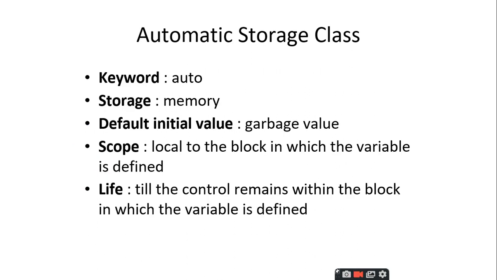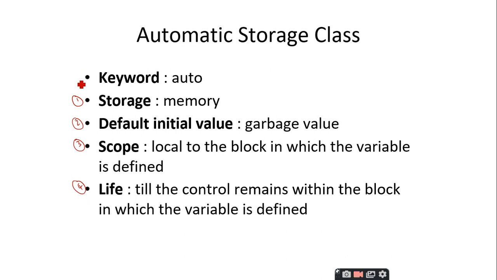Now let us see each and every storage class. As I told, the storage class will give 4 important pieces of information. The first one is storage, where it is stored. The second is the default initial value. The third is the scope of those variables, and the fourth is the lifetime of those variables.